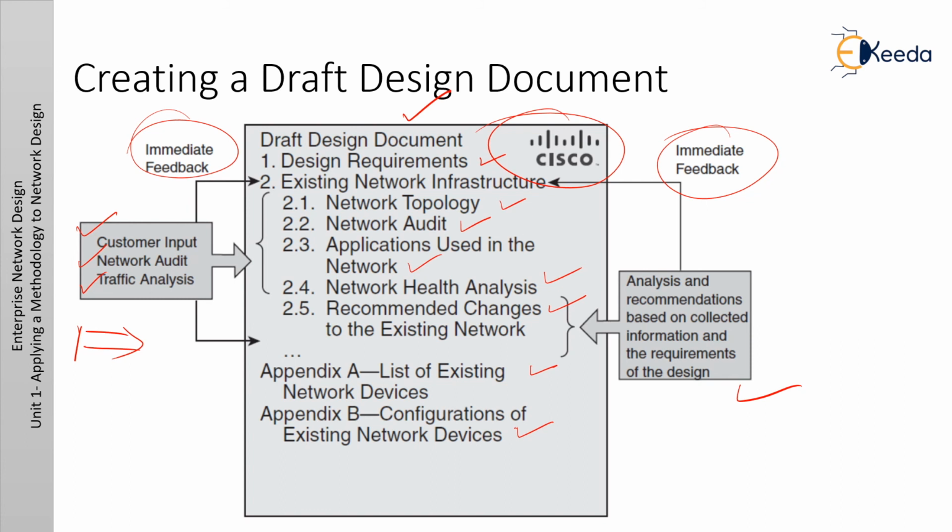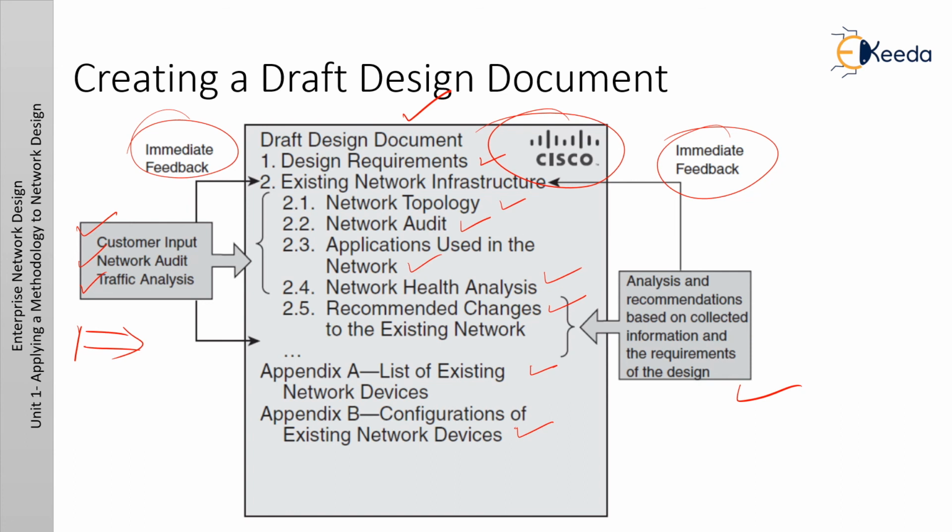So typically, draft documentation for an existing network should include: first item is a logical layer 3 topology map or maps. Divide the topology into network modules if the network is too large to fit into one topology map. Next is physical layer 1 topology map or maps. The network audit result, including the type of traffic in the network, traffic congestion points, the suboptimal traffic paths, and so on.